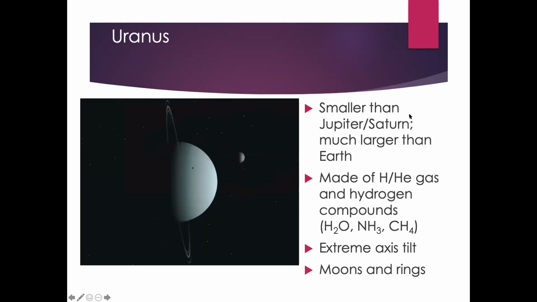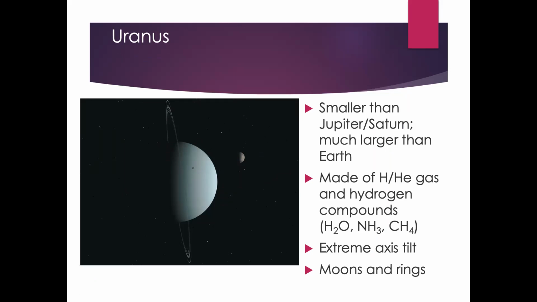Continuing on to Uranus. Uranus also has rings. It's smaller than the 2 gas giants, but it is still much larger than Earth. It is made mostly of hydrogen and helium gas. And so are Jupiter and Saturn.